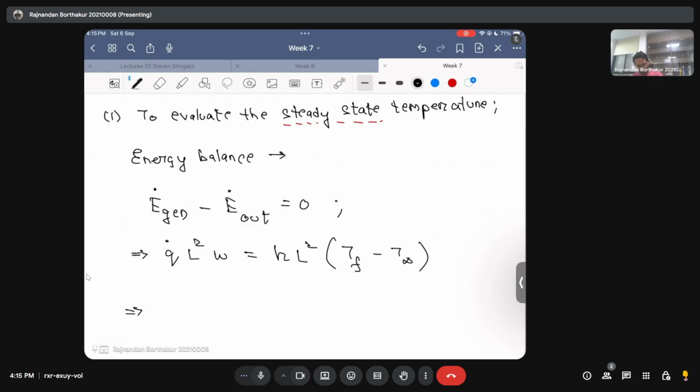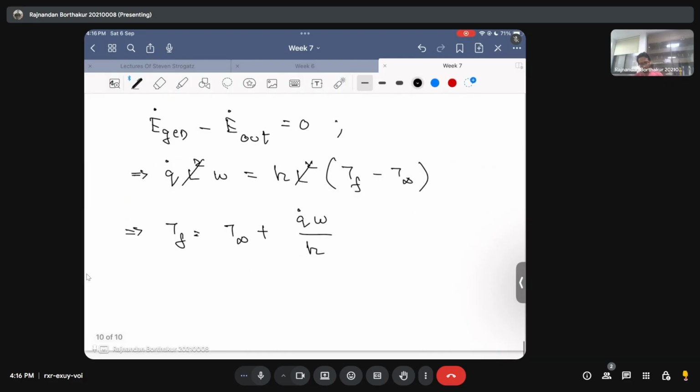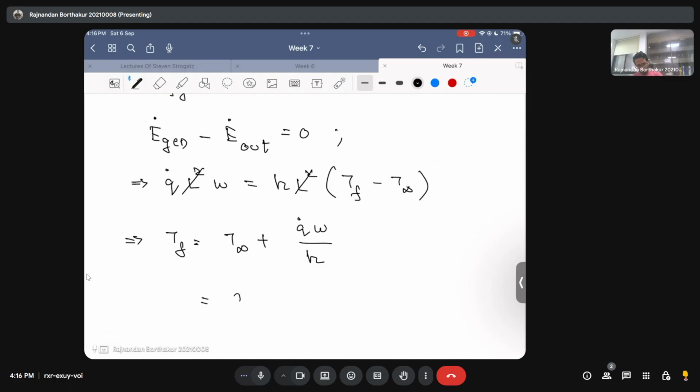So your TF is just T infinity plus Q dot. This L square and L square will get cancelled, so it is just Q dot W by H. If you substitute the values, your T infinity was 20, plus 9 into 10 to the power 6 times W, which was 10 to the power minus 3 meters, divided by 150, the heat transfer coefficient.